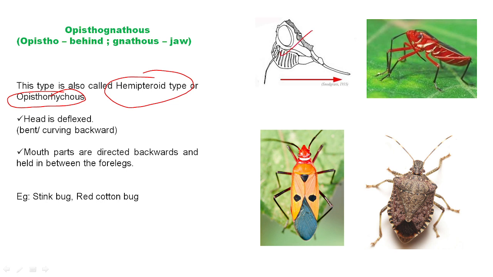Here head is deflexed and mouth parts are directed backward and held in between the forelegs. This type of head is found in stink bug and red cotton bugs. That's why this type of head is known as hemipterate type of head or opisthorhynchous type of head.